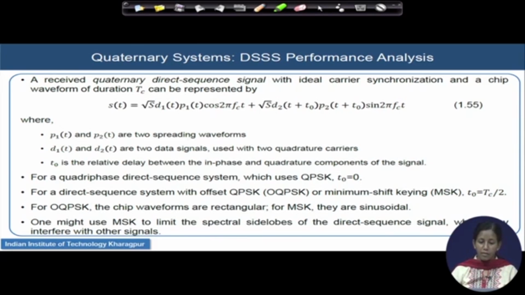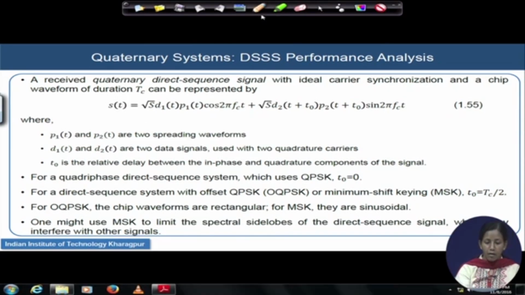We consider that perfect carrier synchronization is available, and the chip waveform duration is Tc. I mean, exact code synchronization has happened, exact acquisition has happened, so code synchronization as well as carrier synchronization is done. In such a situation, the received signal, which is equivalent to my transmitted signal because the wireless channel is not considered in between when we are writing this equation, will be given by this expression.